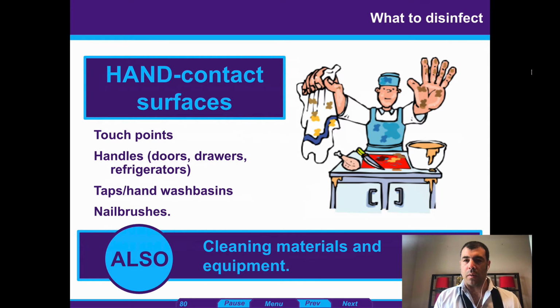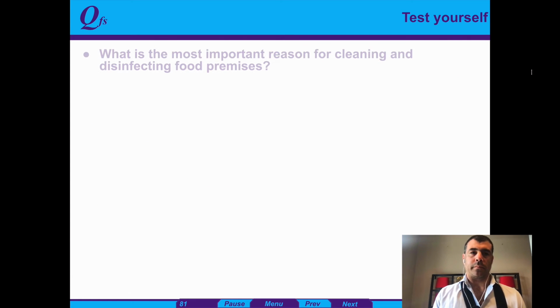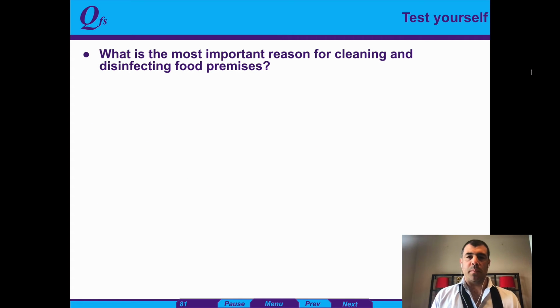All the tea towels and the cloths need to go into the washing machine, and you need to wash them as high as you possibly can. So what's the most important reason for cleaning and disinfecting food premises? The first one, and the whole purpose of the course, is to prevent food poisoning.